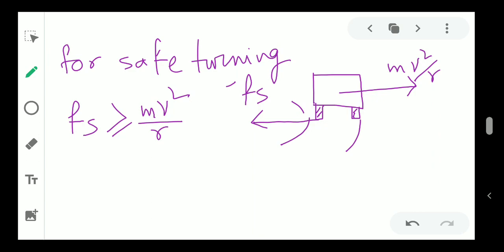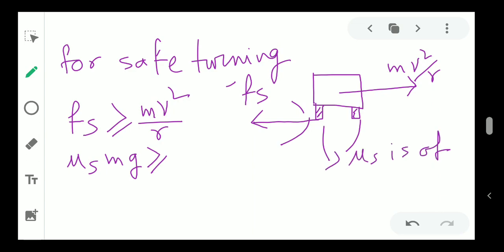We know that Fs is nothing but mu s mg. This mu s is of the tire and road. So this mu s depends on the tire and the road. So mu s mg should balance mv square by r.